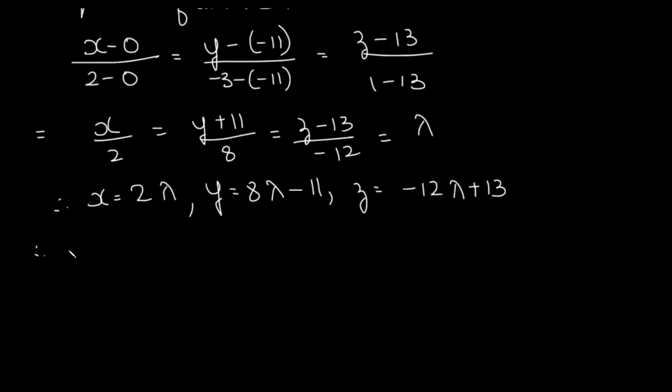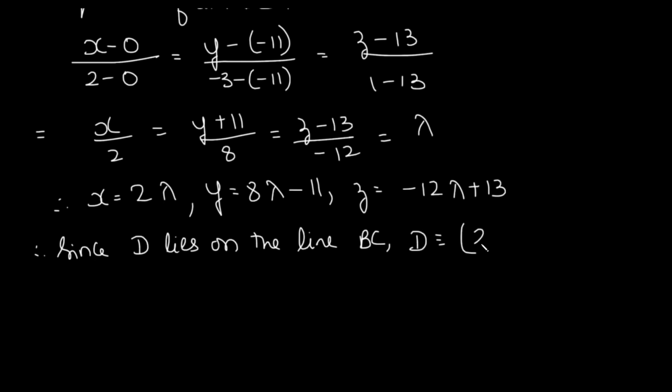So therefore, any point on the line, since D lies on the line BC, the coordinates of D are given by this point, that is 2 lambda, 8 lambda minus 11 and minus 12 lambda plus 13. So now you know the coordinates of A and D. You are doing the sum yourself and completing this.